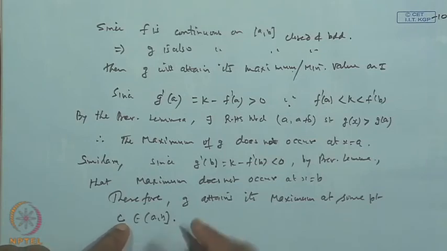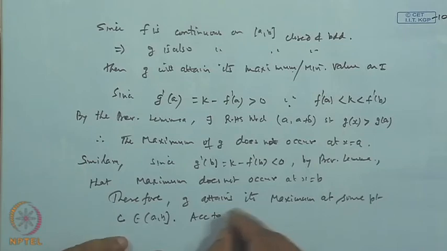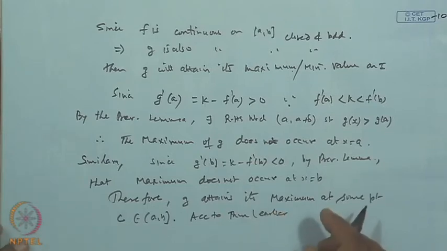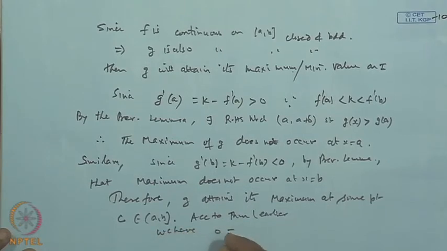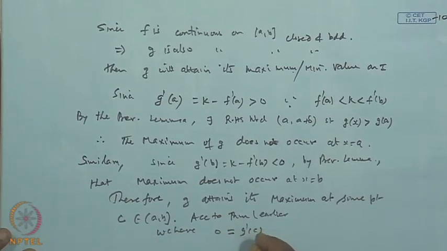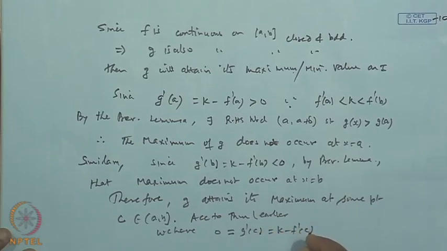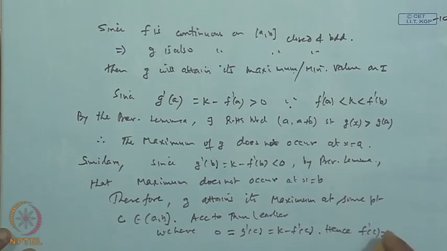According to the theorem we discussed earlier, we have 0 equal to g prime c, which is k minus f prime c, and hence f prime c is k.